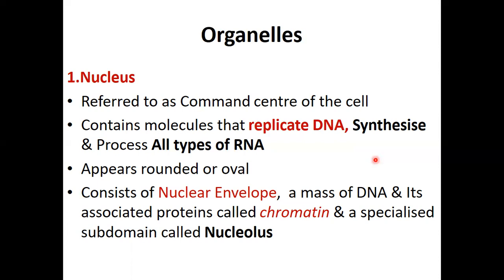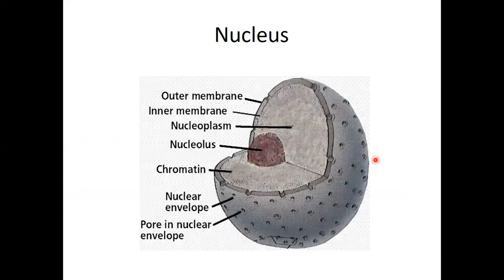Now, apart from that, the nucleus has two membranes. The cell membrane is a single membrane formed of a lipid bilayer, but the nucleus has two membranes. So we call them nuclear envelopes: inner nuclear membrane and outer nuclear membrane, or if you like, inner nuclear envelope and outer nuclear envelope.